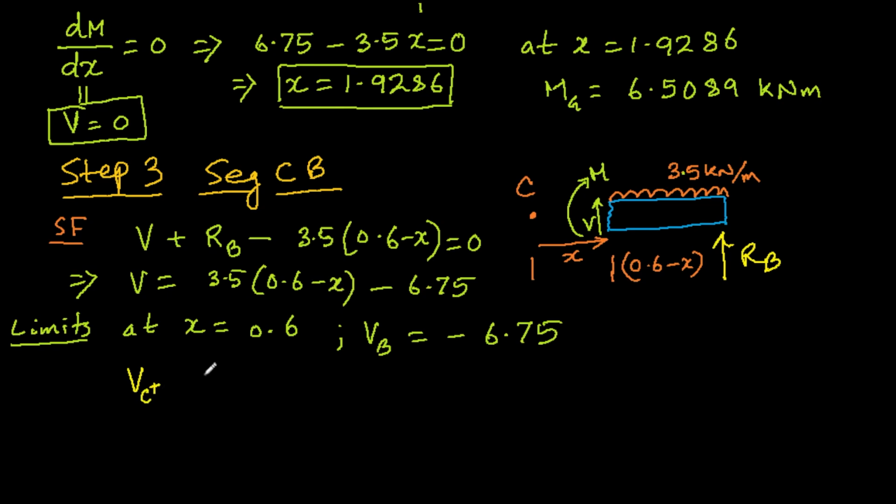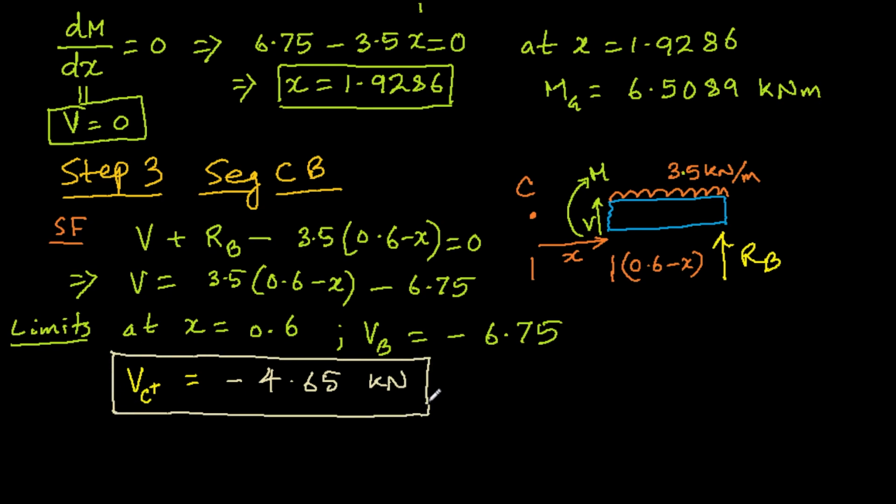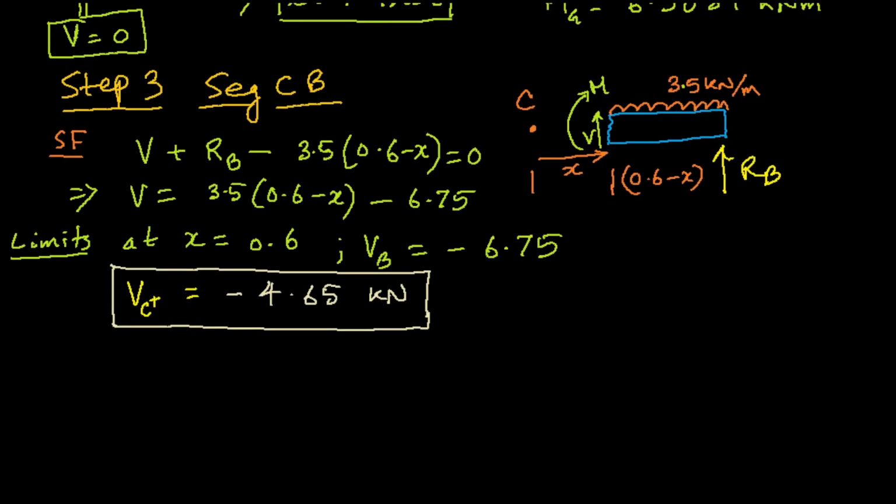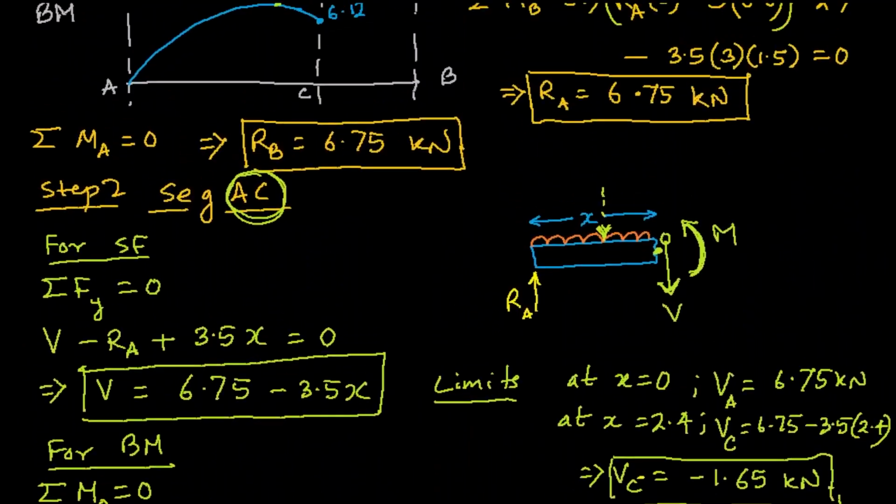So you will get V at C plus. Okay, so that will become 3.5 into 0.6 minus, that will come out to be minus 4.65 kilonewton. So let me draw that.